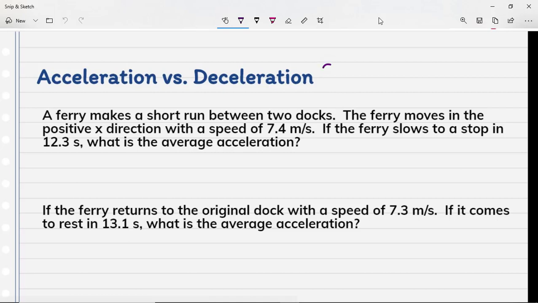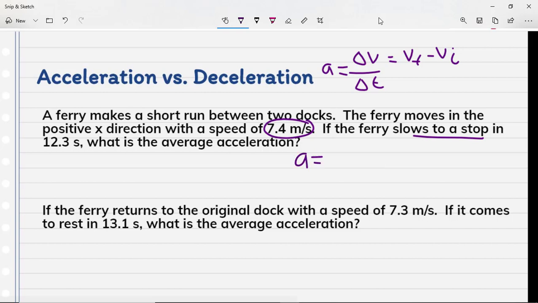Well, again, acceleration is change in velocity over change in time. Remember that change in velocity is v final minus v initial. So if we take a look here, we want to slow that ferry to a stop, so our final velocity is going to be 0.